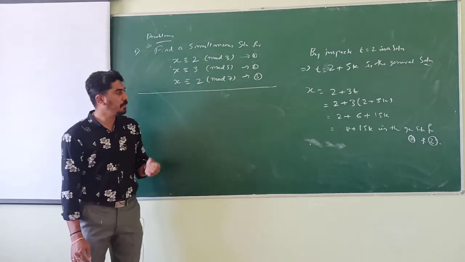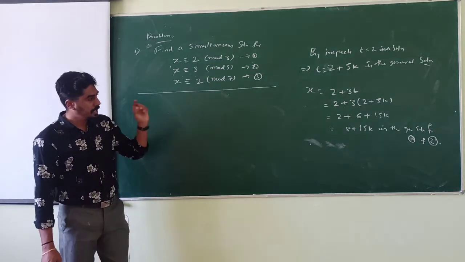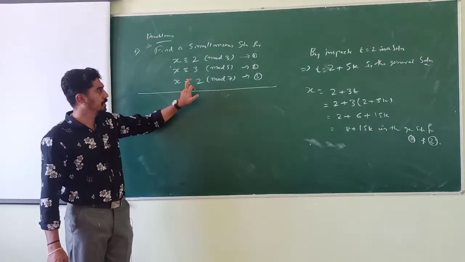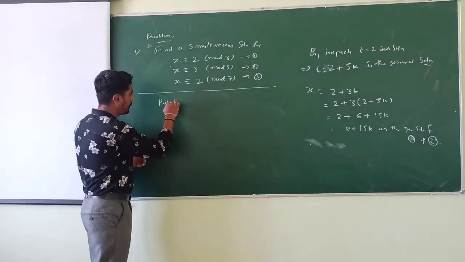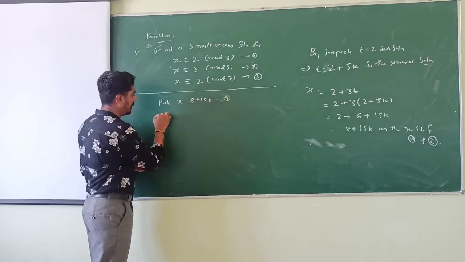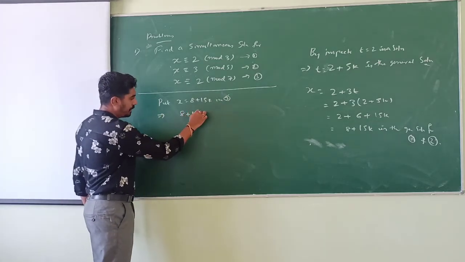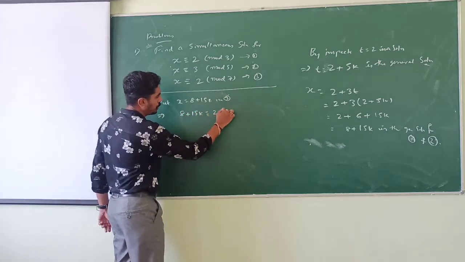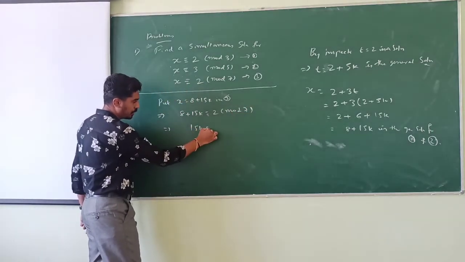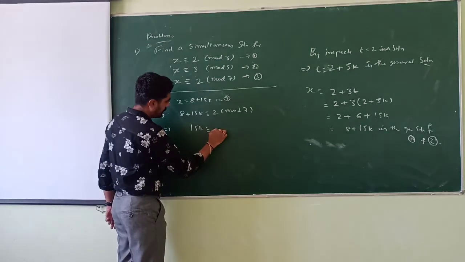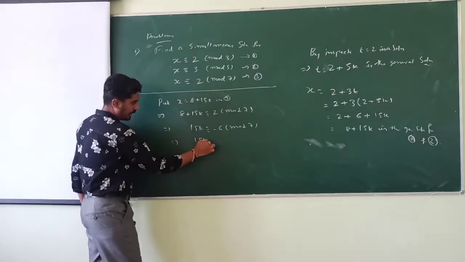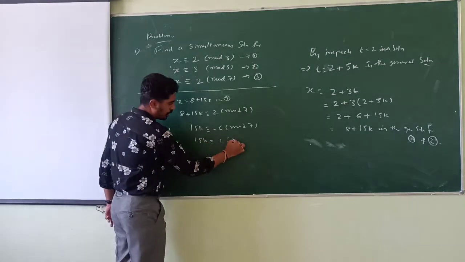To find the simultaneous solution for 1, 2 and 3, substitute x equal to 8 plus 15k in the third congruence. We get 8 plus 15k is congruent to 2 modulo 7, or 15k is congruent to minus 6 modulo 7, or 15k is congruent to 1 modulo 7.